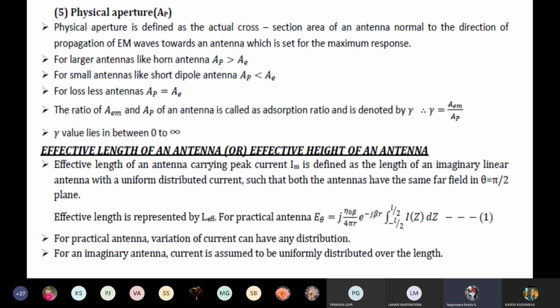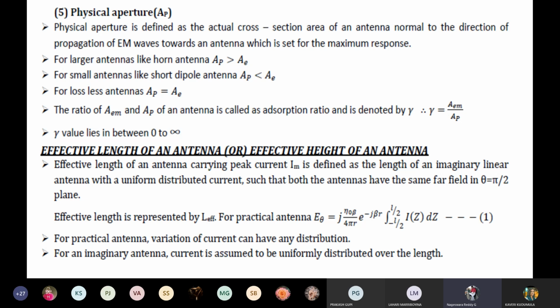These are the conditions for larger antennas, for smaller antennas and for lossless antenna. For larger antennas like horn antennas, physical aperture is greater than the effective aperture. For small antennas like short dipole antenna, A_P is less than A_E. For lossless antennas, A_P is equal to A_E.